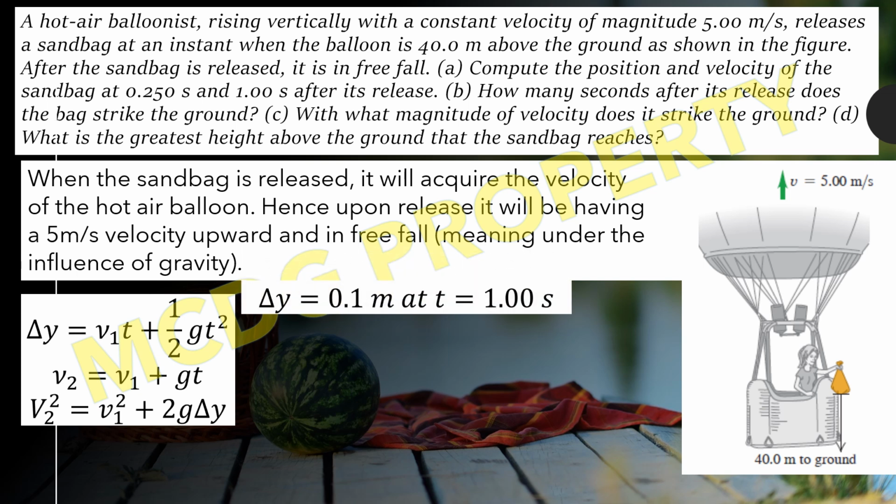Next, you're also asked to find the velocity when time t is equal to 1 second. Again, at 1 second, the position of the sandbag from the point of release is 0.1 meter. So notice that the position is still positive, meaning it is still above the point of release, but comparing it to 0.25 seconds, you can see that at 1 second it is nearer the point of release.